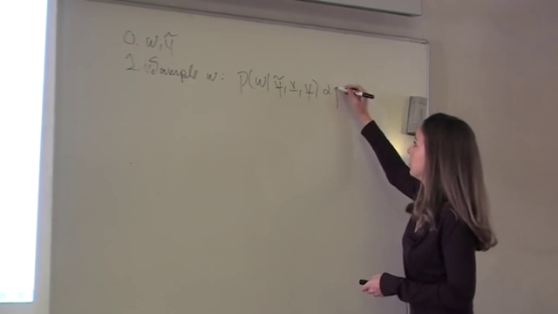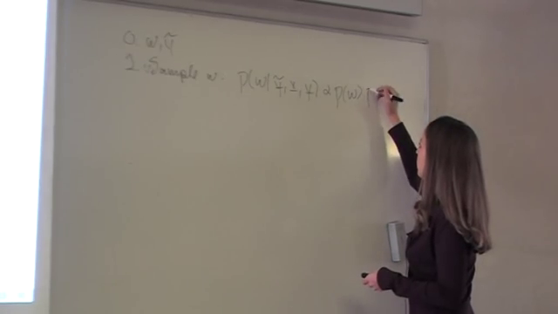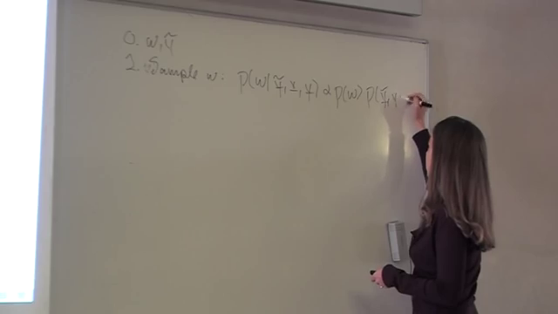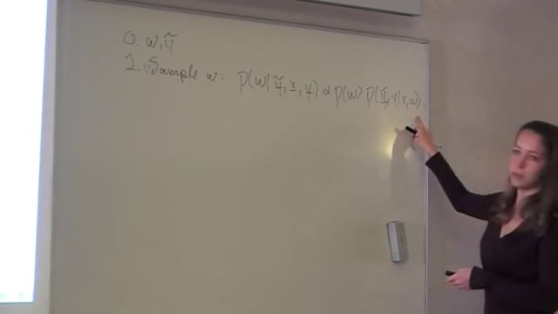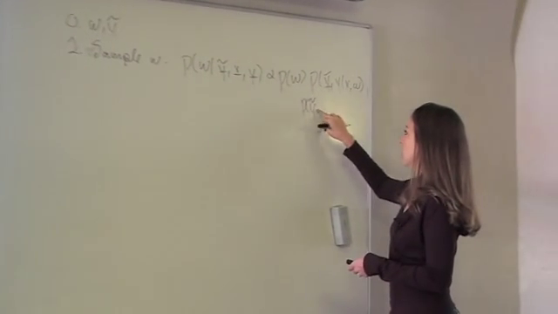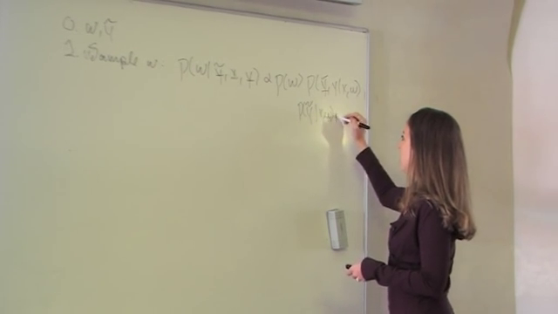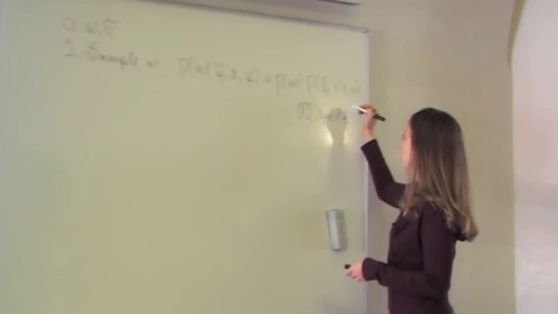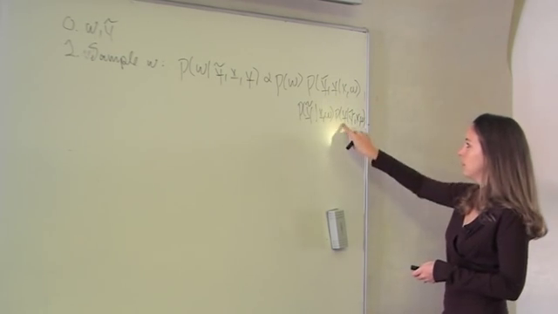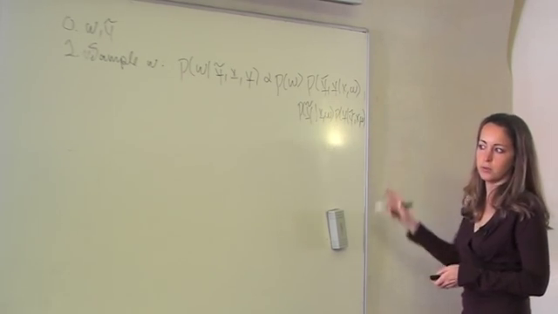So this is just proportional to our prior on W and P of y tilde and y given x and W. This joint density of y tilde and y we can write as the product of the marginal of y tilde given x and W and the conditional of y given y tilde, x and W. This thing here, y given y tilde, it's just the indicator whether y tilde is bigger than or equal to 0, right?